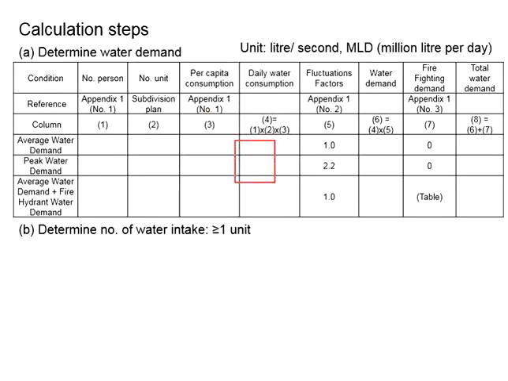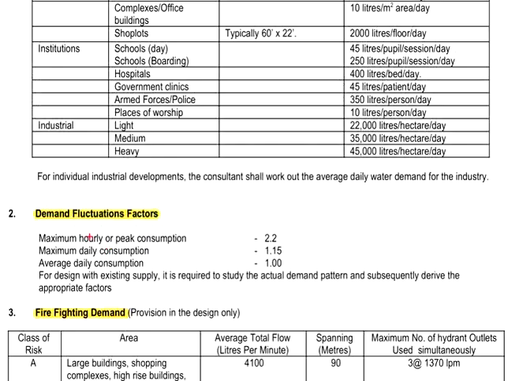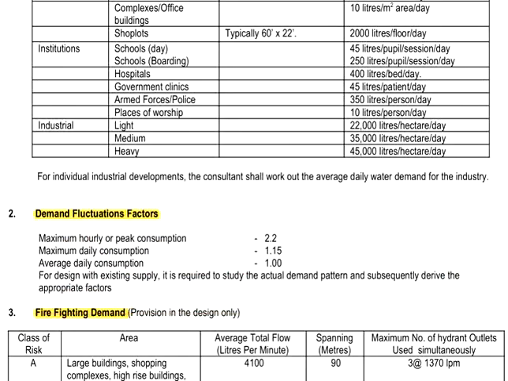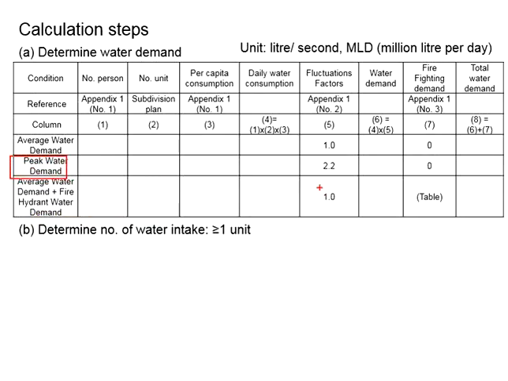Having the daily water consumptions computed, next you will need to multiply with the fluctuation factors. Referring to the guideline, the fluctuation factor for peak water demand is 2.2. For average water demand it is 1.0.